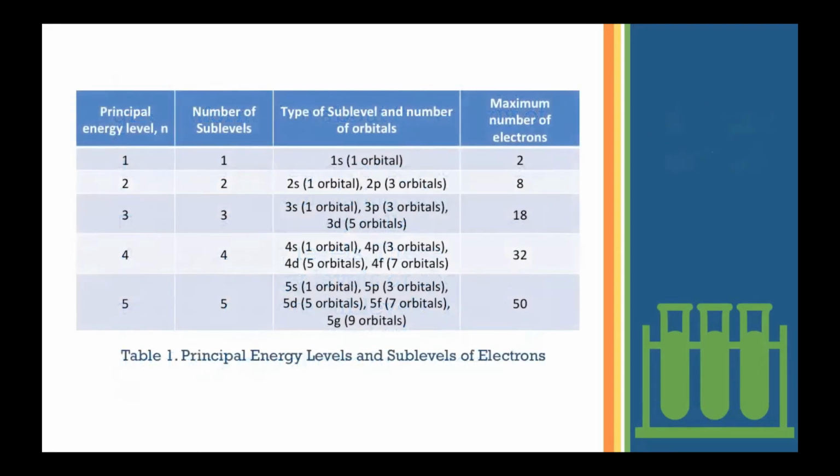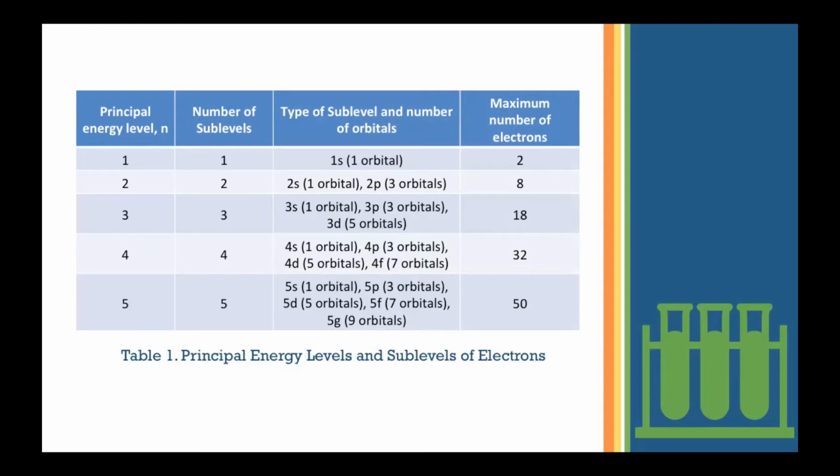We have the principal energy level or n: 1, 2, 3, 4, and 5. Number of sublevels, we have 1, 2, 3, 4, and 5. Type of sublevel and number of orbitals: for 1S, 1 orbital; 2S, 1 orbital; 2P, 3 orbitals; 3S, 1 orbital; 3P, 3 orbitals; 3D, 5 orbitals; 4S, 1 orbital; 4P, 3 orbitals; 4D, 5 orbitals; and 4F, we have 7 orbitals.